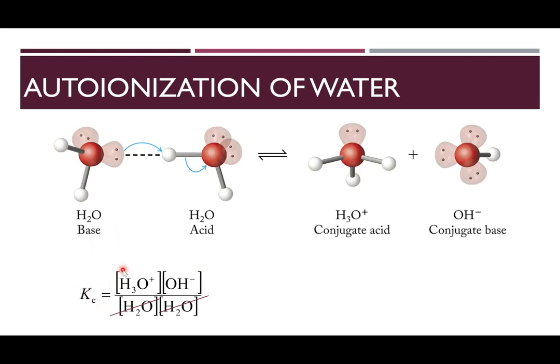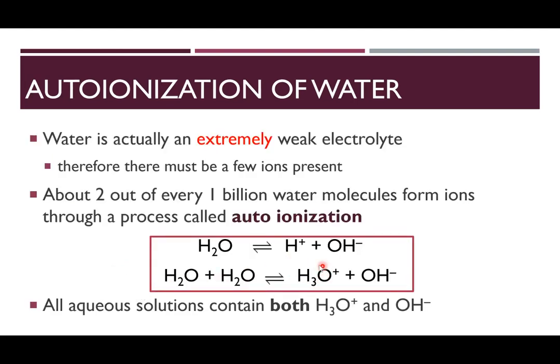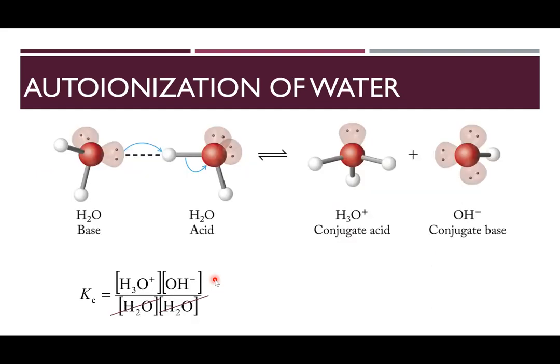We've got the concentration of the products, which are the hydronium ion and the hydroxide ion, over the concentration of our reactants. But what are our reactants over here? Our reactants are liquid. Our reactants are water. So do we include liquids in our K equation? No, we don't.